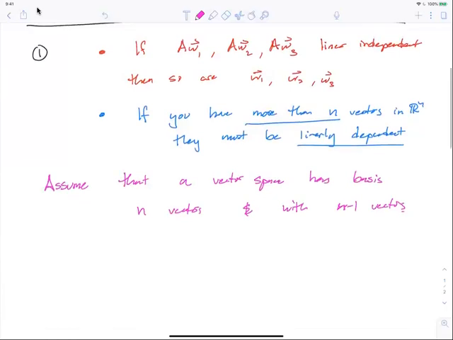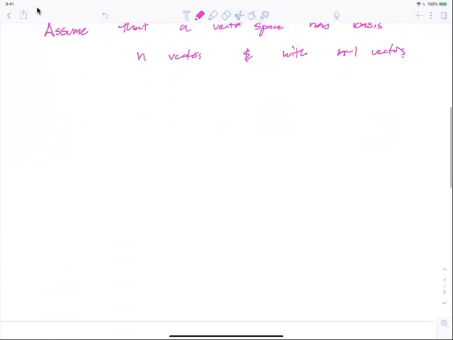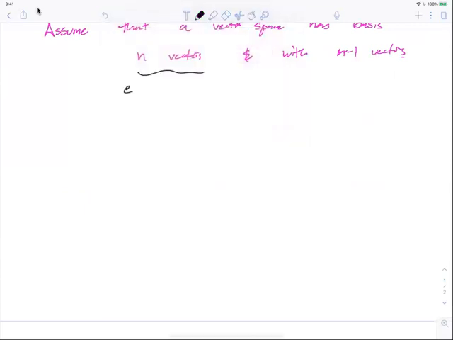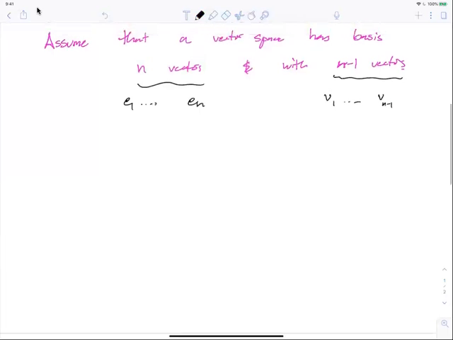All right, so we're going to call these n vectors E1 through En. And we're going to call these n minus 1 vectors V1 through Vn minus 1. Okay, so one key thing to keep in mind is that a basis means that you can write every vector in that vector space as a combination of them.